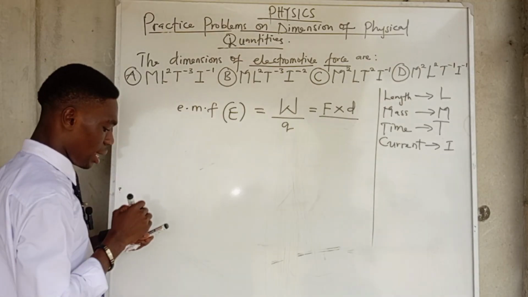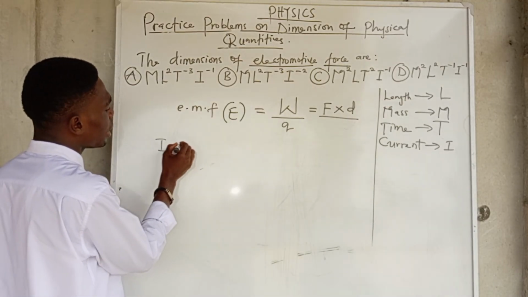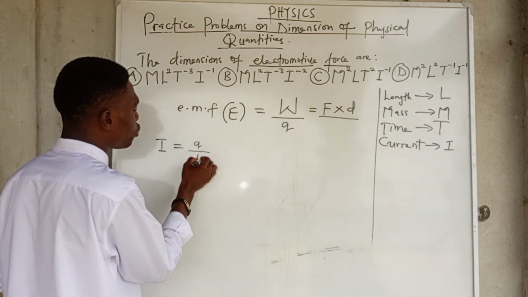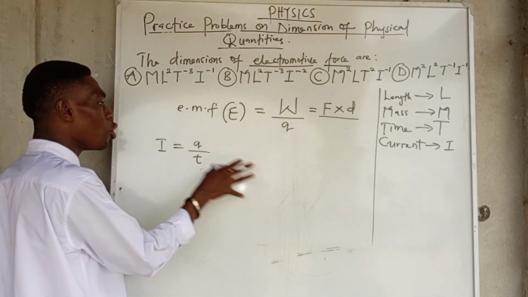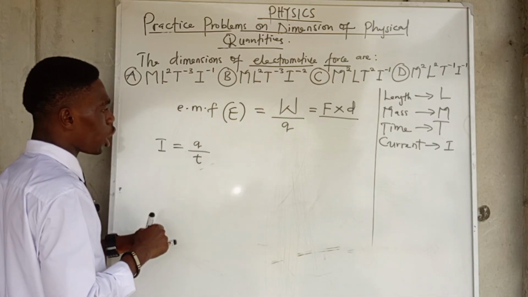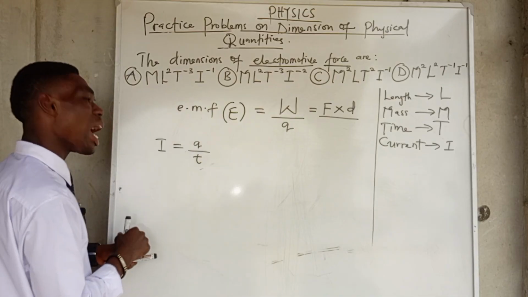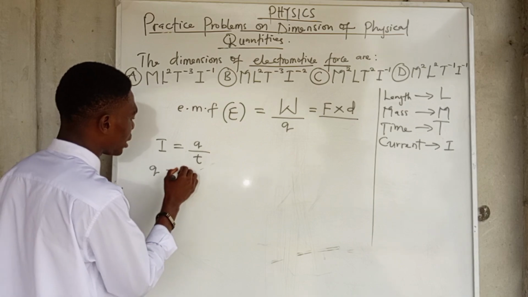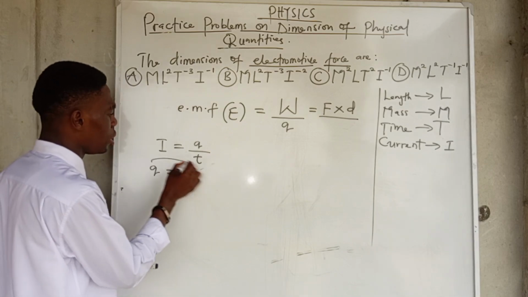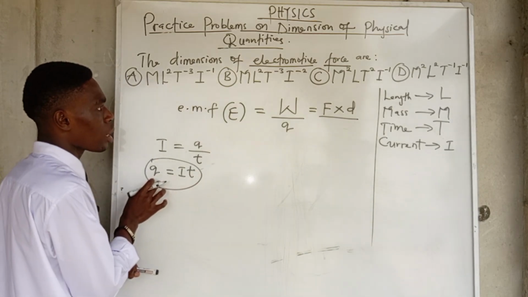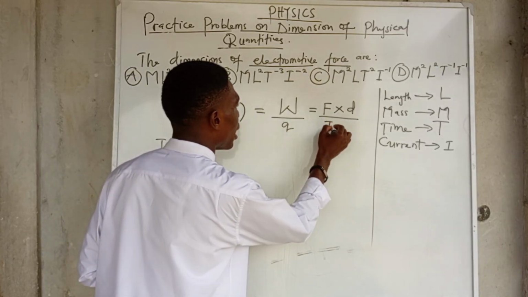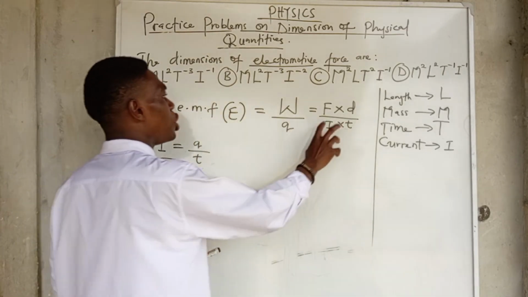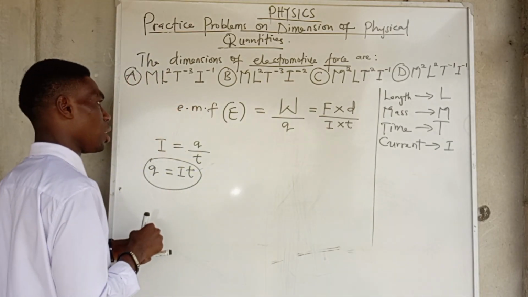We have learnt in electricity that current I is actually equal to the rate of flow of charge. It is the charge flowing through a conductor per unit time. Are we together now? And so from here I can get that my Q is equal to IT. So this is the formula for charge, and so I can put it here, I times T. So my job is to get the dimensions of each of these, and then I substitute and solve.